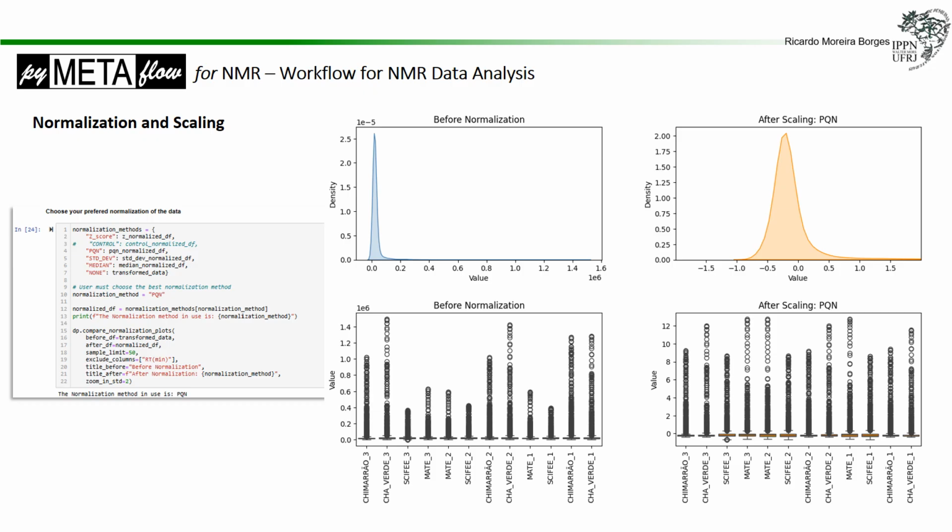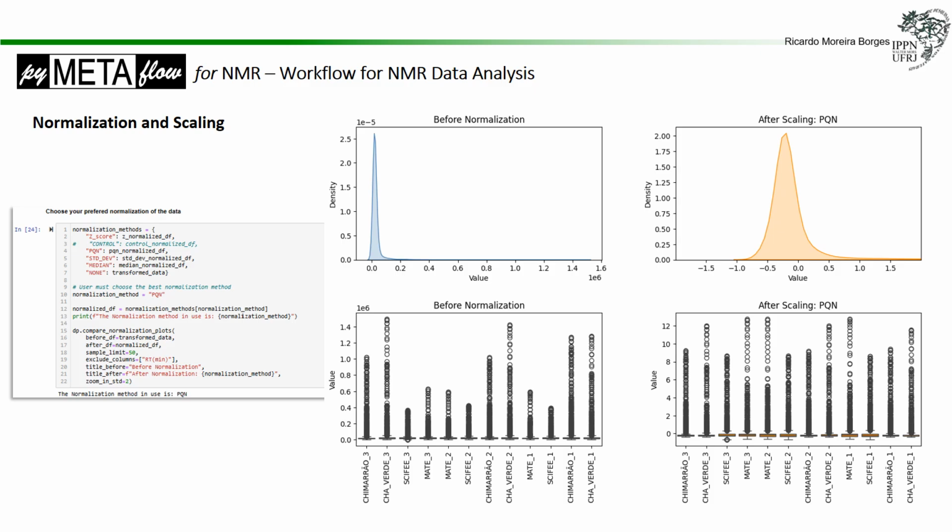And once you choose the method that fits your data the best for normalization and scaling, you can just plot the before and after. That would be quite similar to a meta-analysis normalization scheme, right?